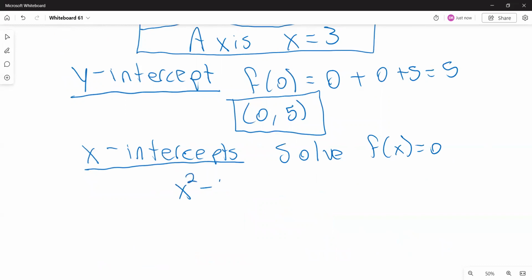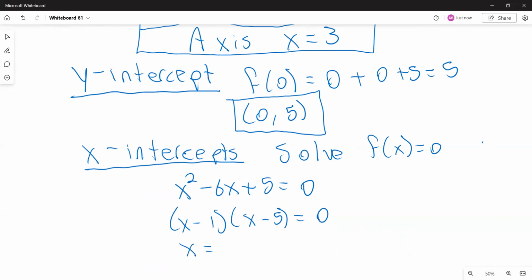That's x squared minus 6x plus 5 equals 0. It's not always going to be that nice, but in this case, we can do that by factoring. This factors as (x minus 1)(x minus 5). So the solutions are 1 and 5, and the x-intercepts are (1, 0) and (5, 0).